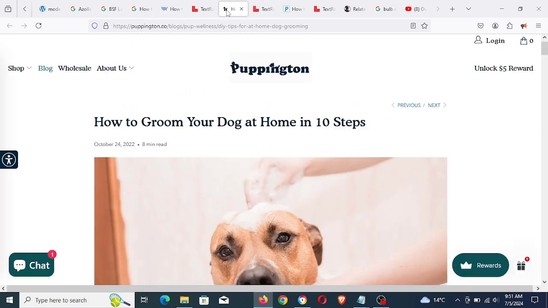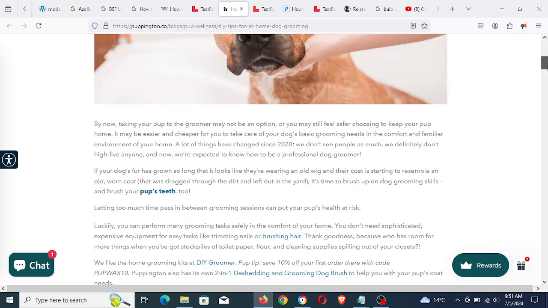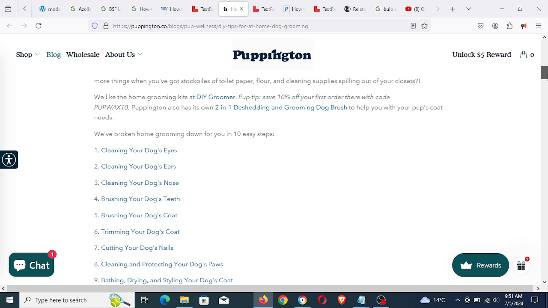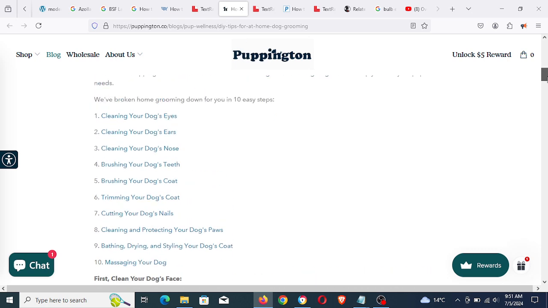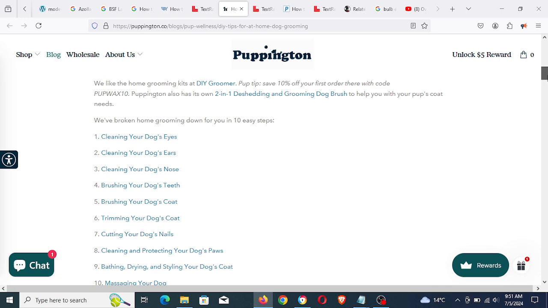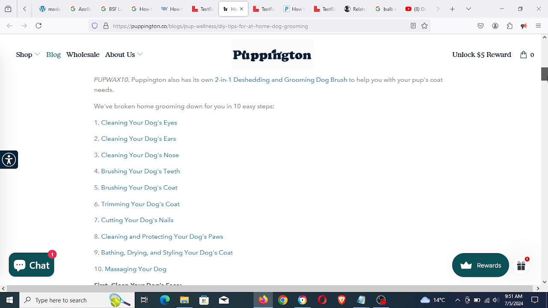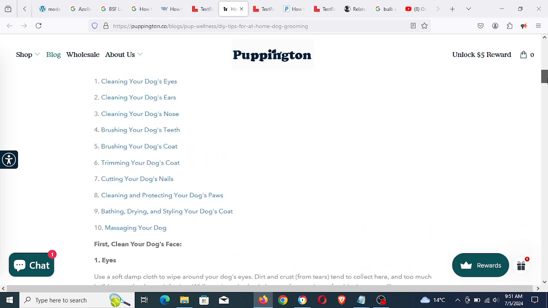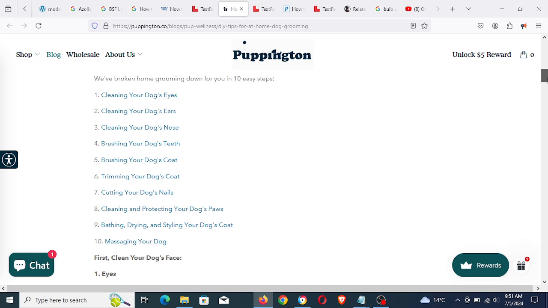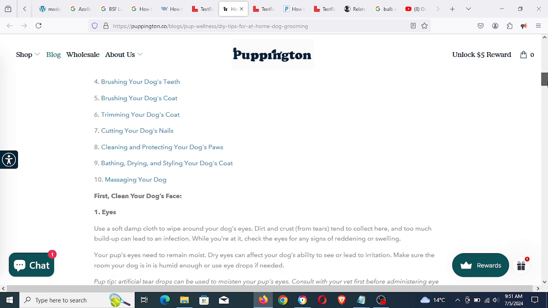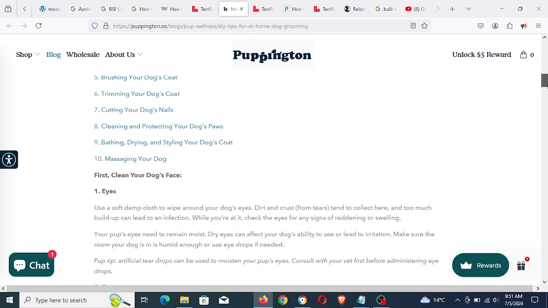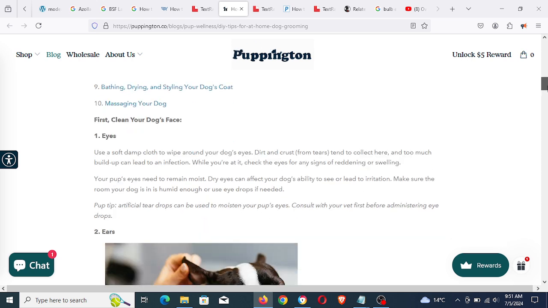And the second ranking article is how to groom your dog at home in 10 steps. So this one is like a process. It's telling you cleaning your dog's ears, eyes, nose, teeth, brushing your dog's teeth, coat, trimming the coat, cutting the nails, cleaning and protecting the paws, bathing, dyeing and styling the coat, massaging the dog.